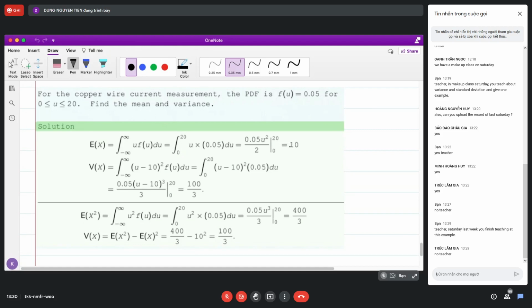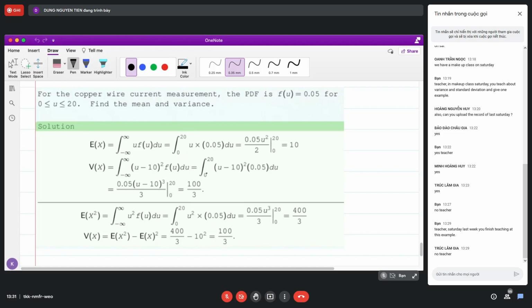After you find the mean value, you can get the variance of x by integrating the function (u minus m) squared, where m is 10, times f of u, from minus infinity to infinity. Again, f of u is only non-zero within the interval 0 to 20.